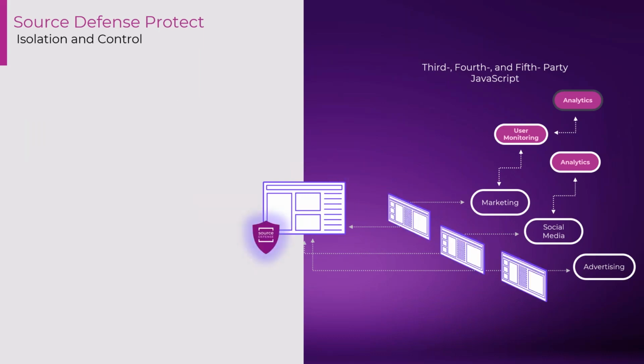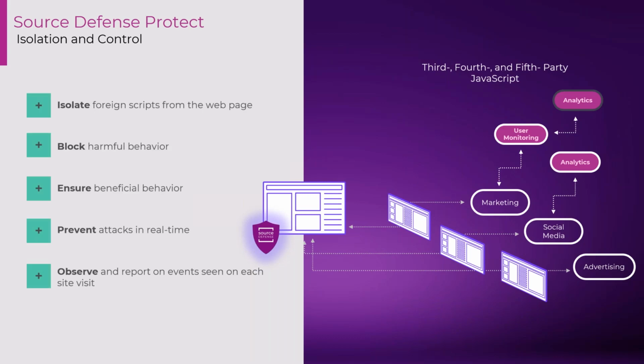The second, we can go a step further than simply the visibility and the information-driven alerts. We can also provide protection. Source Defense Protect can be built into your web pages. It can control the execution of code in real time, meaning we sandbox third-party code and define what it can and cannot do, and in real time filter out undesirable behaviors.